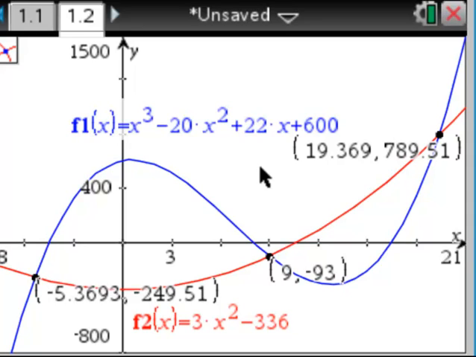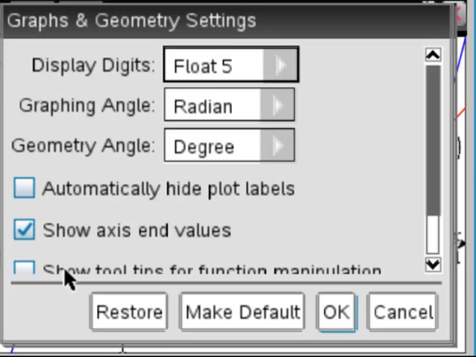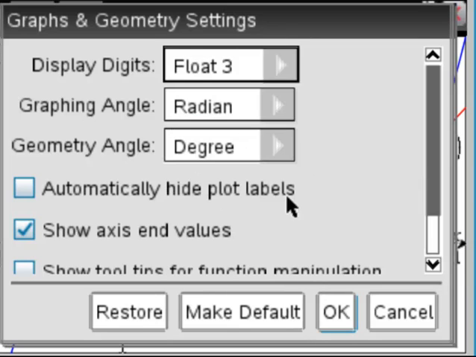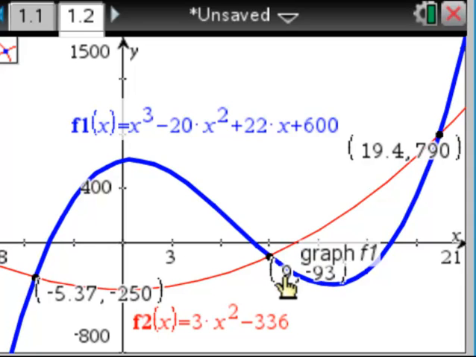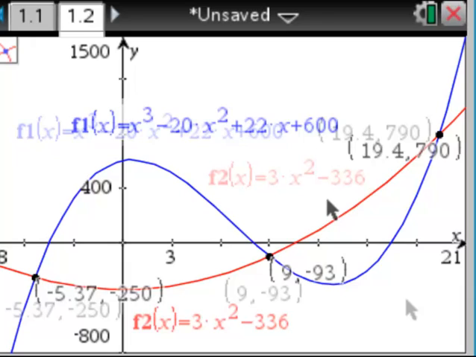I think I'll keep these at 3, which means now for the menu and settings, going to the graphs and geometry settings, I'm going to float 3 and okay there, and that simplifies what we've got displayed here. Now I want to move these points so that they're not in the region or sitting on top of graph.